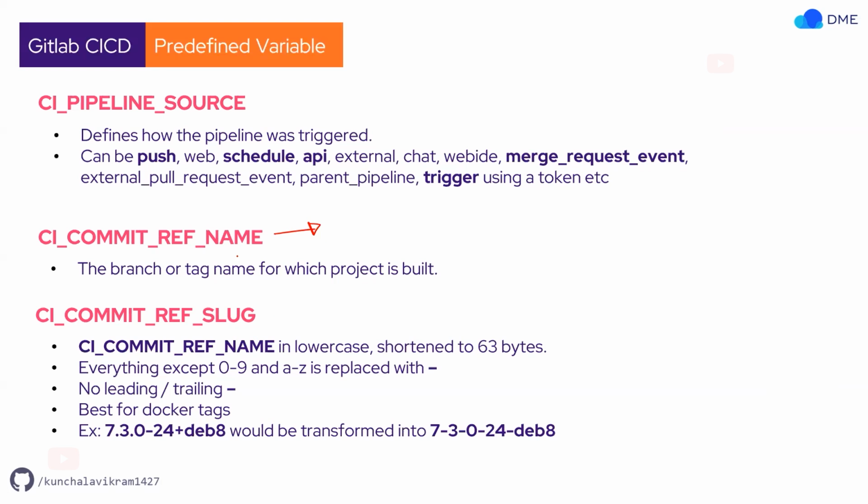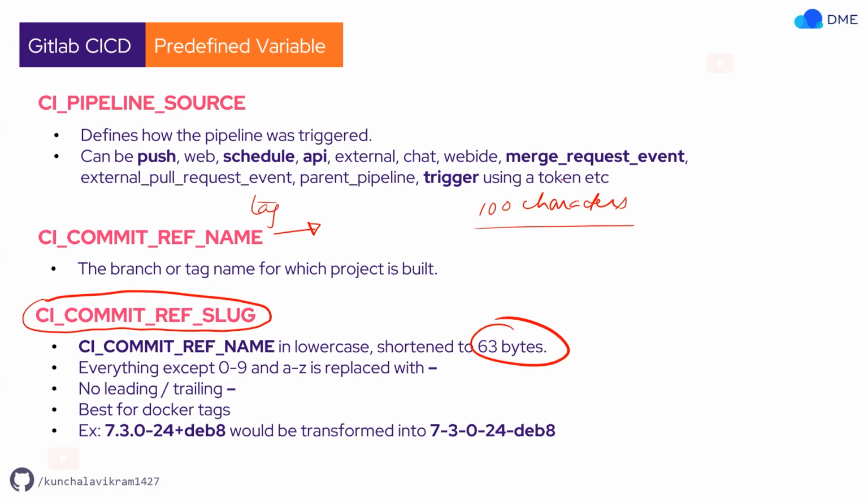Let's say your tag or branch name is just like 100 characters. It is very difficult to use such 100 characters. So what this CI commit ref slug will hold is the branch name, but restricted to 63 bytes, which means it will cut the branch name to the first 63 bytes.